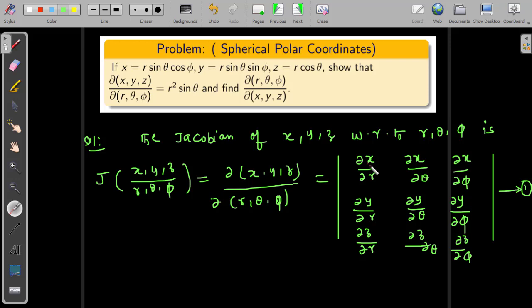So we need to find dou x by dou r using the given functions. X, y and z are given here. Differentiate x with respect to r, theta, phi, similarly y and z also with respect to r, theta, phi.